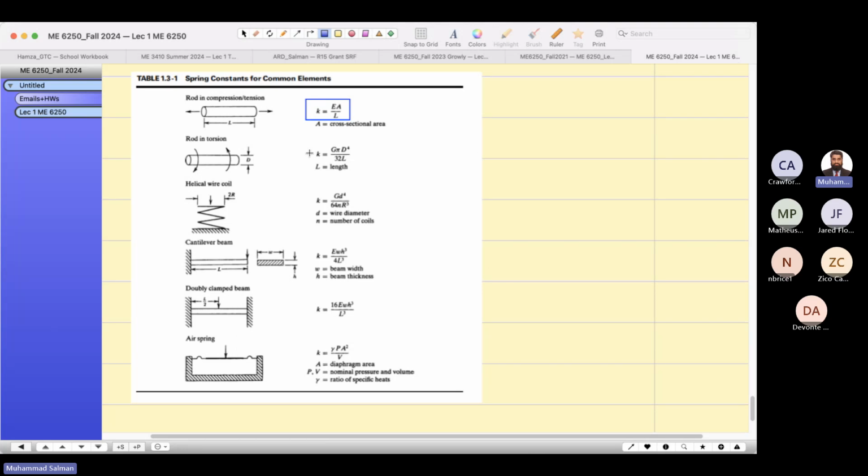And for a rod in torsion, I mentioned the rod which is rotating and one end is fixed. How would you find out the torsional stiffness? This is how they have already derived it. Similarly, helical coil is this formula, cantilever beam is this formula. These are all stiffnesses.